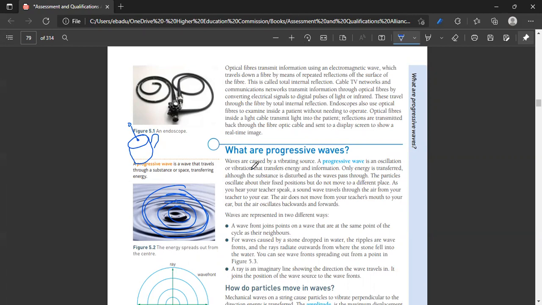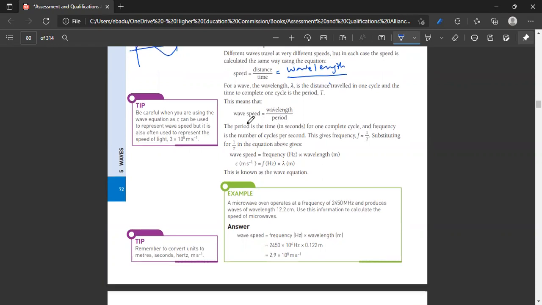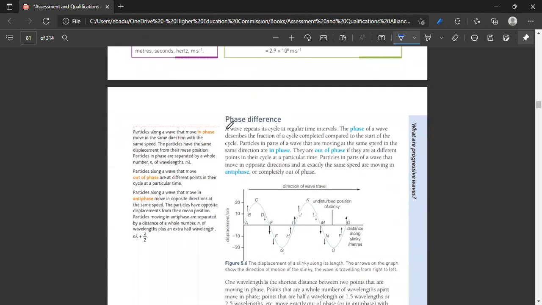So this is the concept of wave speed, that v is equal to f lambda. Now we're going to talk about something called a phase.